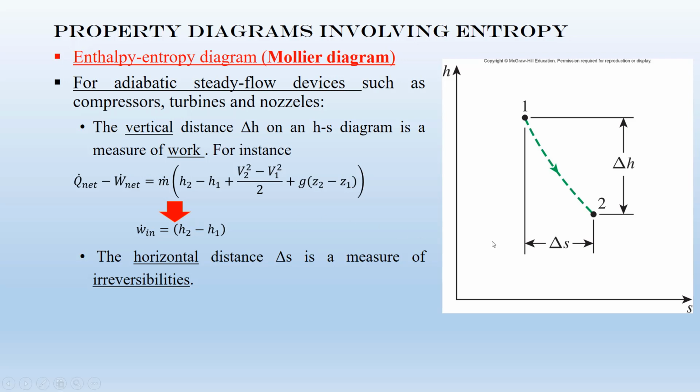And then this horizontal distance is delta S for this process.